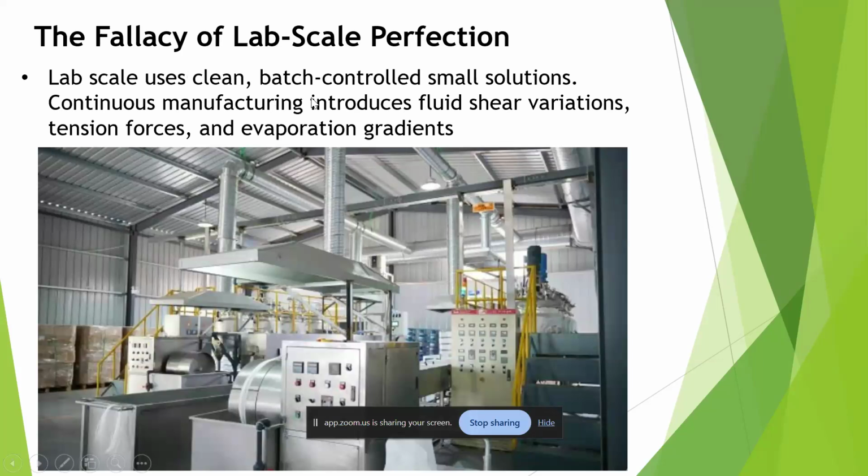This challenge actually happens more when we are going from the lab scale to the manufacturing scale. The problem involved is that in lab scale we are using batch controlled small solutions, but in industrial scale the continuous manufacturing is happening, where the fluid shear variations are there.